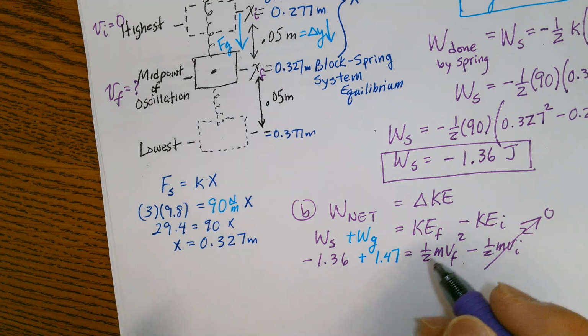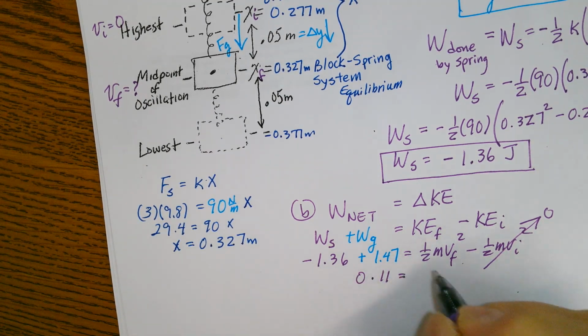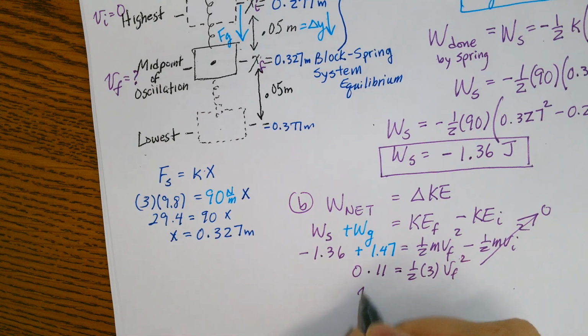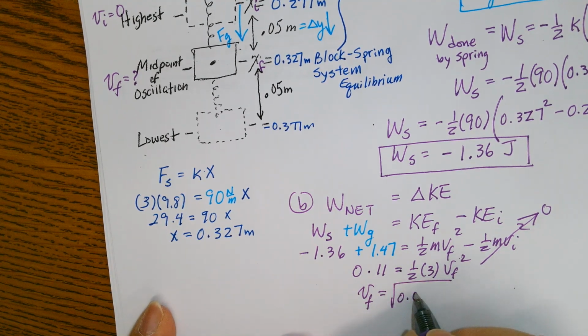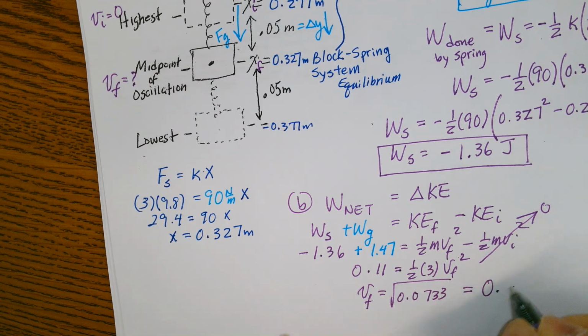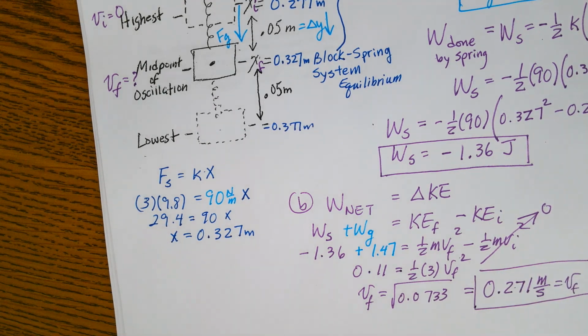So if you work this out, you're going to get 0.11 is equal to, right, 1/2 times 3 times VF squared. So my VF is equal to square root of 0.0733, which comes out to 0.271 meters per second is my VF. So that's the speed of the block going through the midpoint of the oscillation.